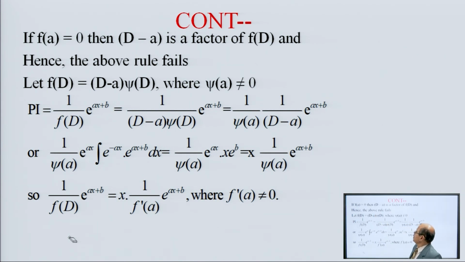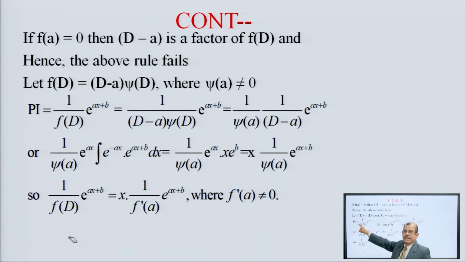If f(a) is equal to 0, then (D minus a) is a factor of f(D), and hence the above rule fails. If the denominator f(a) becomes 0, we cannot find the particular integral, so this rule fails. In this case, we take (D minus a) as a factor, let f(D) be equal to (D minus a) phi(D), where phi(a) is not equal to 0.